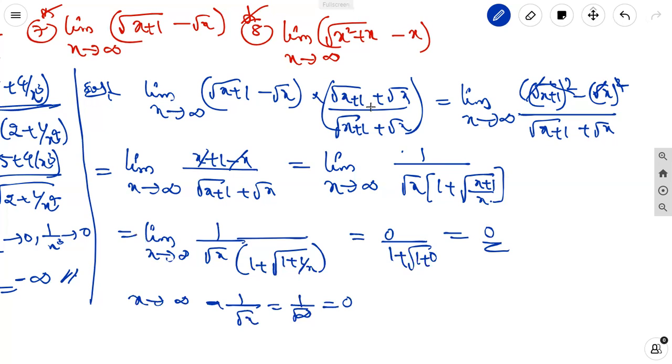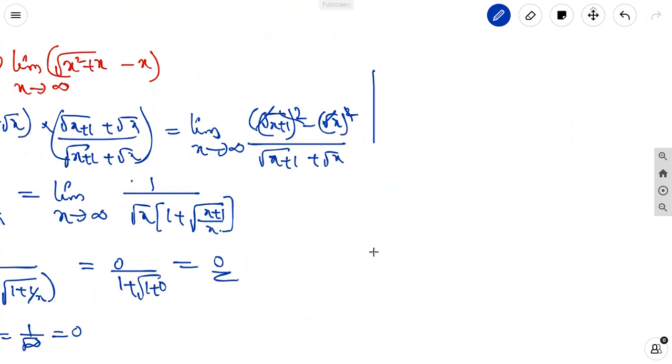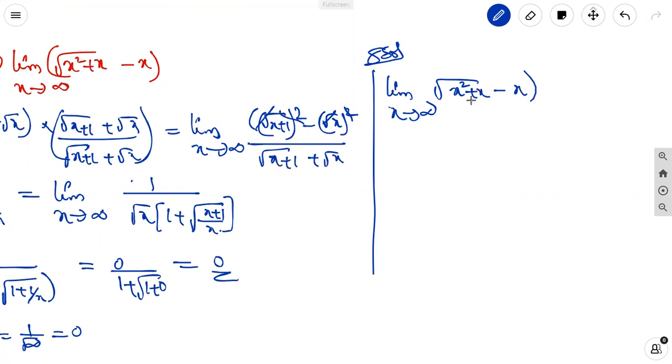The eighth one, you can do by the same thing, the rationalize. What is the rationalize? Limit x tends to infinity under root of x square plus x minus x. Rationalizing the numerator means multiplying by root of x square plus x plus x by root of x square plus x plus x.